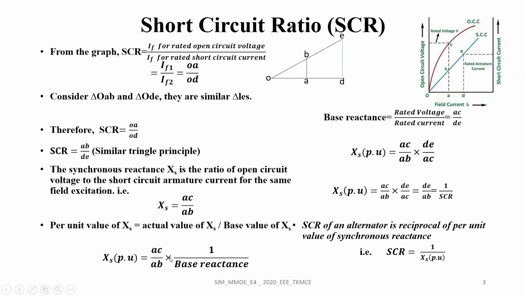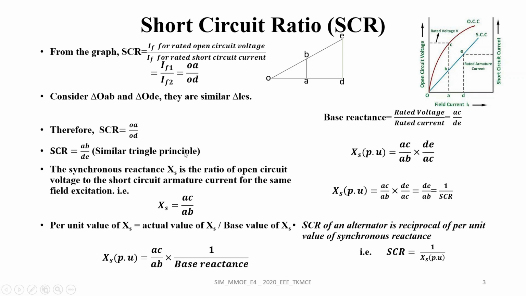So we need to multiply this with the reciprocal of base reactance. AC by AB into the reciprocal, DE by AC. AC and AC we can cancel, and the final answer is XS per unit is equal to DE by AB. Now we can look into SCR. What is SCR?